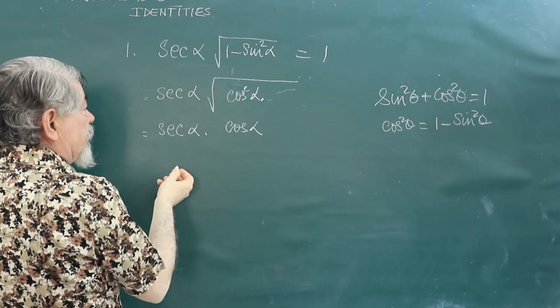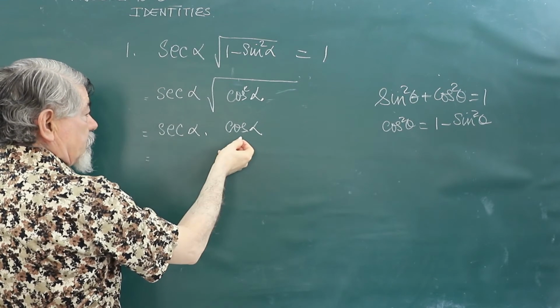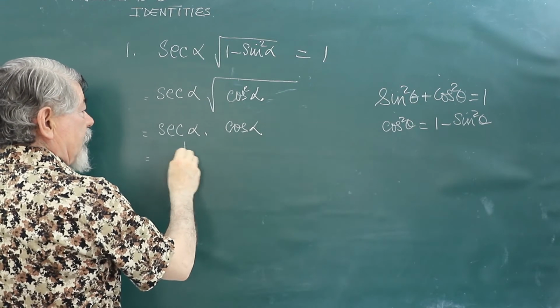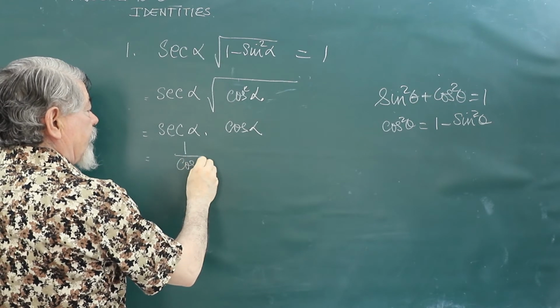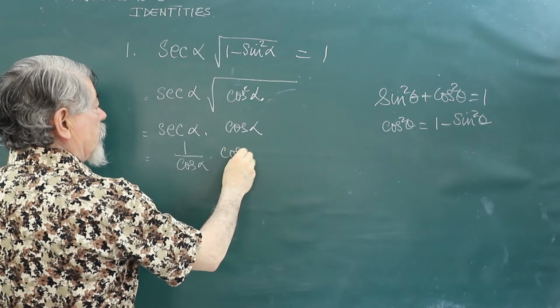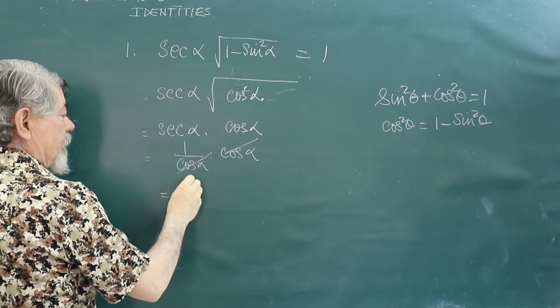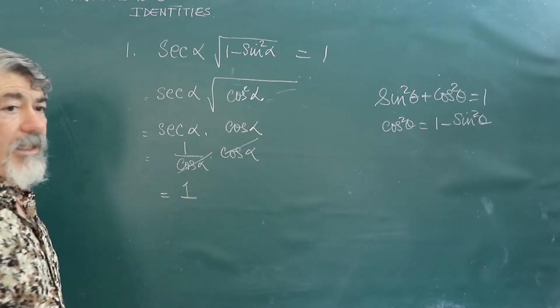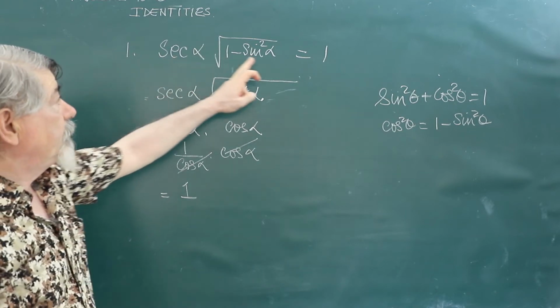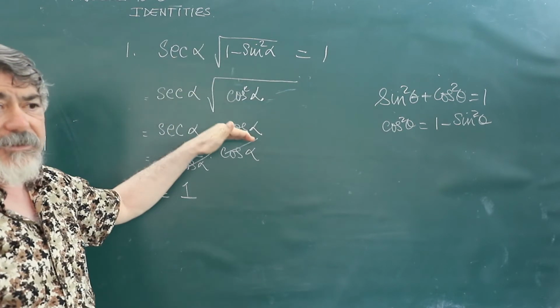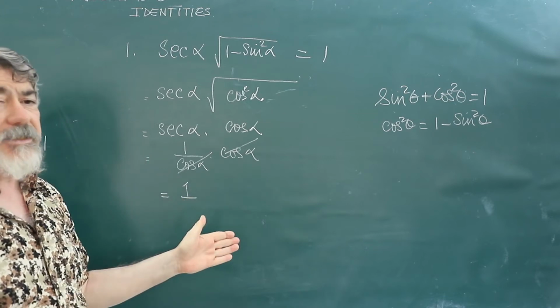And then sec is the reciprocal of cos, so I can write 1 upon cos alpha into cos alpha. This cos alpha will cancel, and we'll get 1 as the answer. So we have been able to start from the left hand side and go to the right hand side.